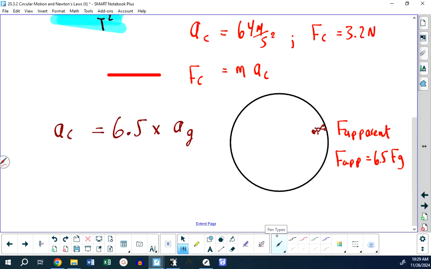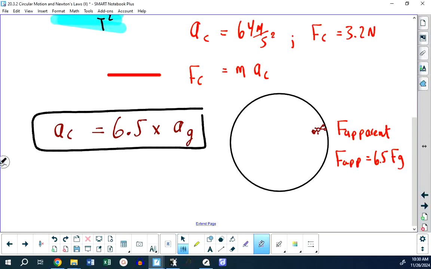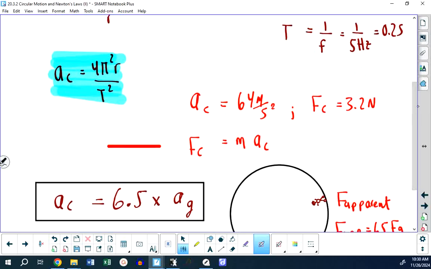If I told you that something experienced a centripetal acceleration of 10 Gs, that's a really rapid acceleration. That would mean you would feel 10 times as heavy if you were inside of that orbiting drum. So this is the bottom line. The centripetal acceleration is 6.5 times the acceleration due to gravity. And you arrived at that, I hope, by just taking 64 divided by 9.81.